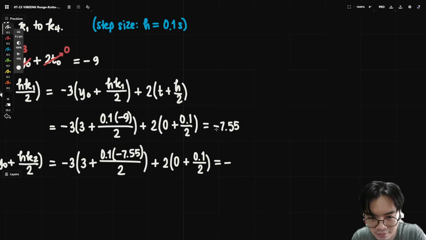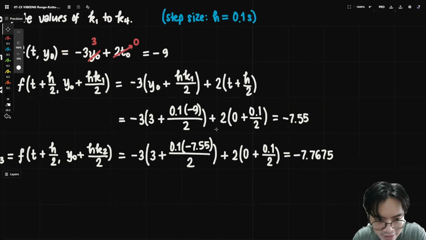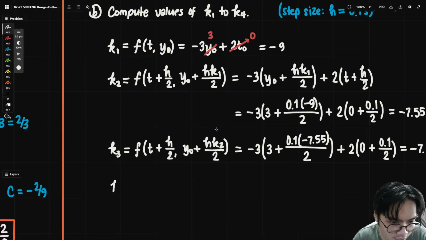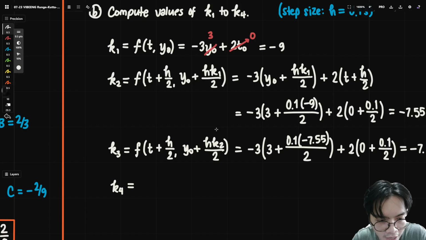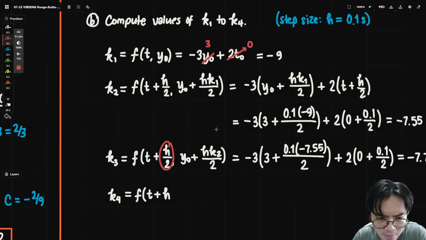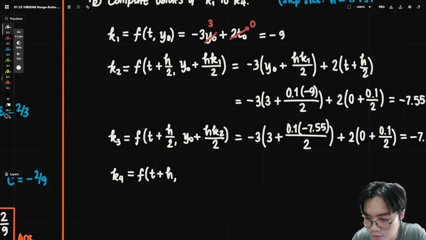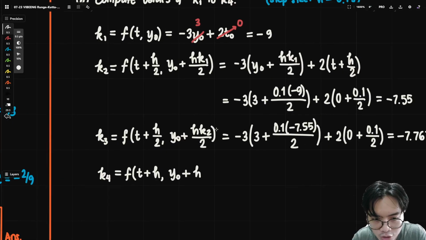This will give us negative 7.7675. This is where it gets more parang complicated, right? And then finally, we have our value of K4, which will be F. And then we finally take a full step. Because if you guys think about it, these are half steps right here, right? These are now full steps, and then we will have Y0 plus HK3. So full step na ito, right?